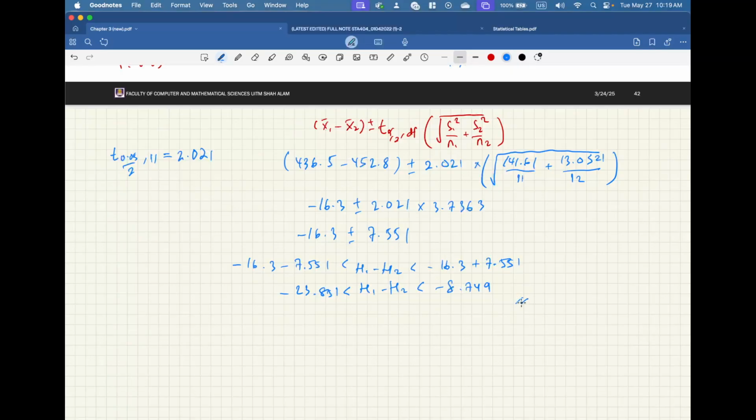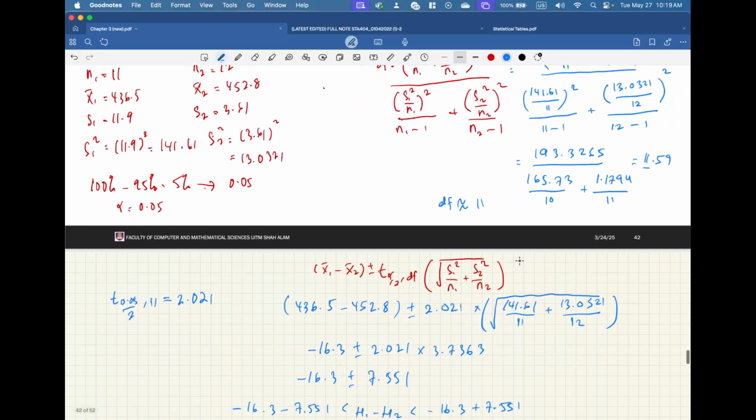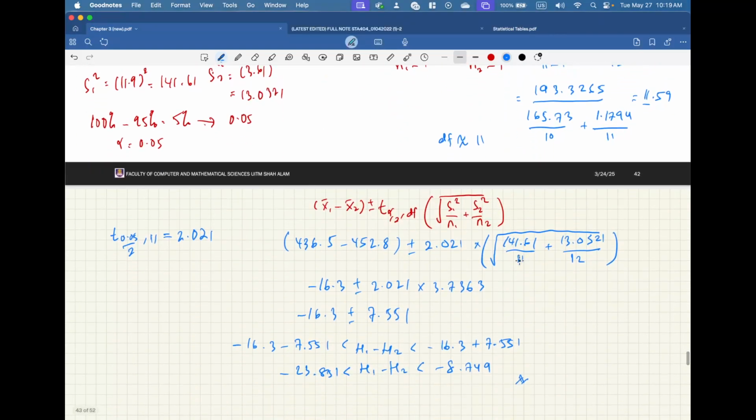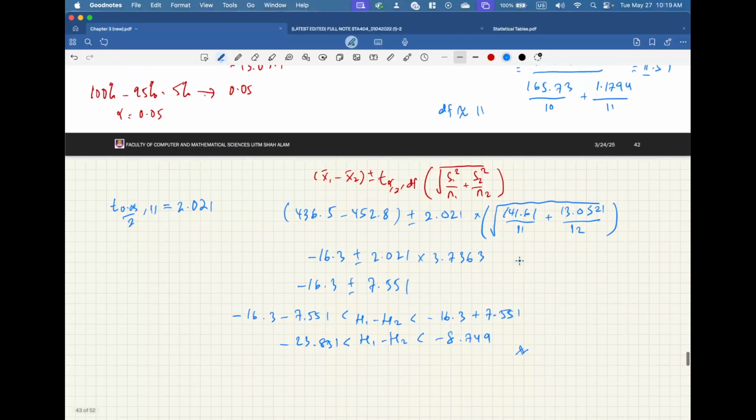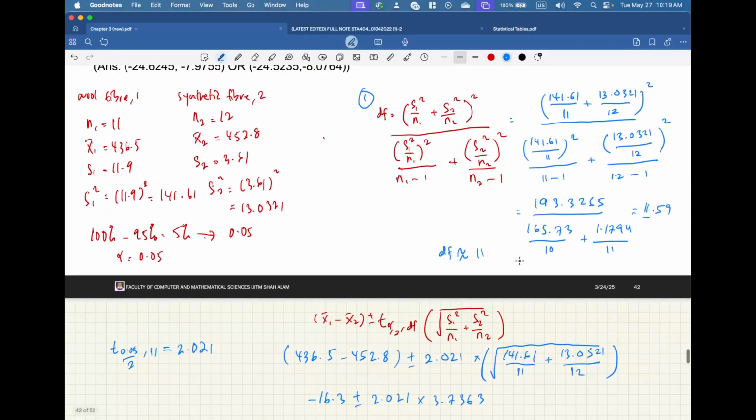So this is the final answer. Make sure that you calculate the degree of freedom correctly. If you find that my degree of freedom is different from yours, please notify me, and I will recalculate it to make sure my calculation is correct.